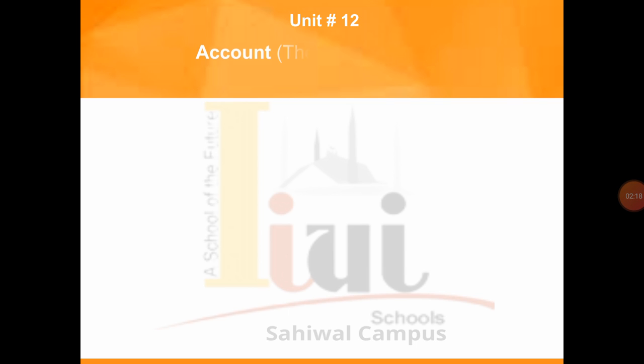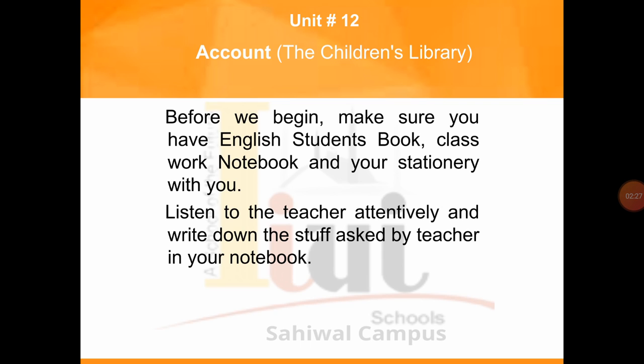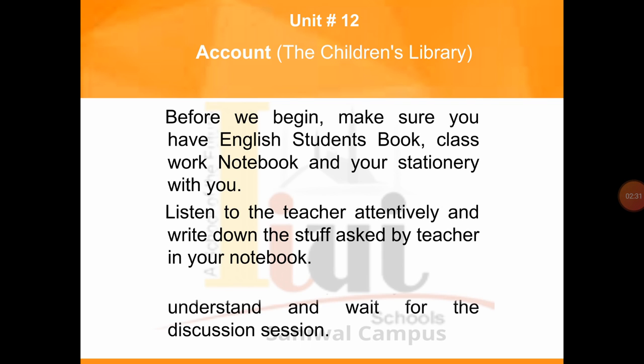Okay, dear students, before we begin, make sure that you have your English students book, your English classwork notebook and your complete stationery with you. Listen to the teacher attentively and write down the stuff asked by the teacher in your notebook. Note down the points that you don't understand and wait for the discussion session.